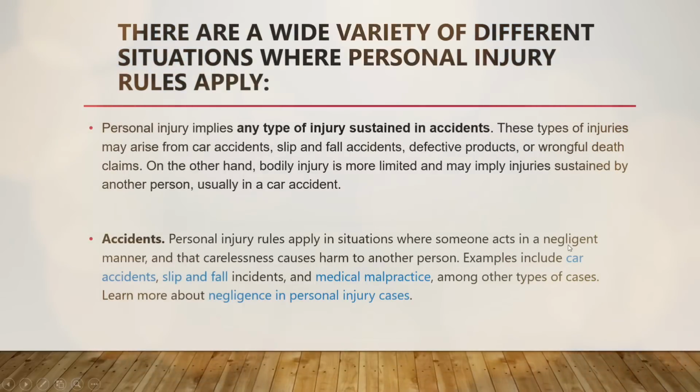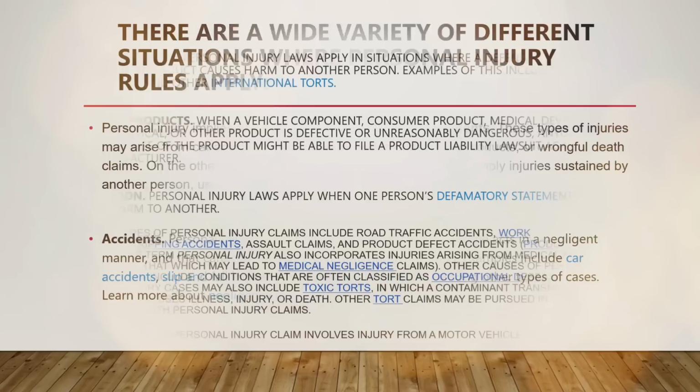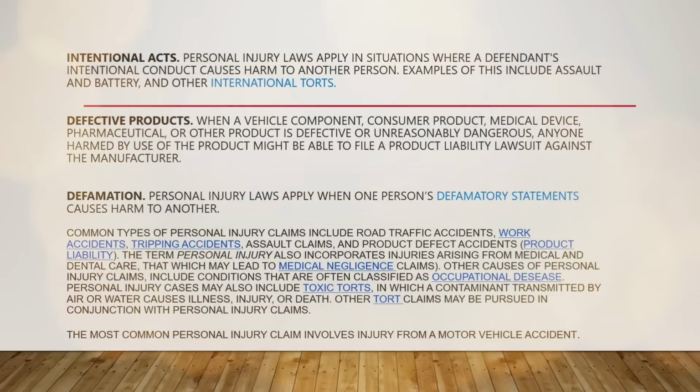Personal injury rules apply in situations where someone acts in a negligent manner and that carelessness causes harm to another person. Examples include car accidents, slip and fall accidents, and medical malpractice, among other types of cases. Learn more about negligence in personal injury cases.